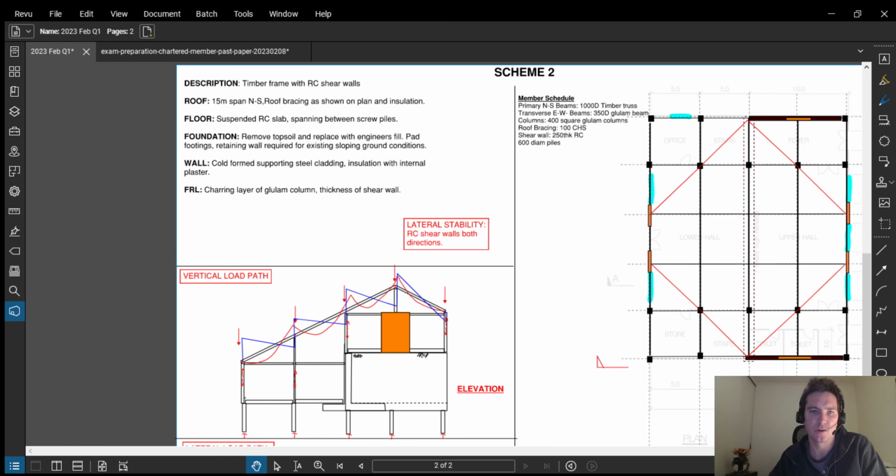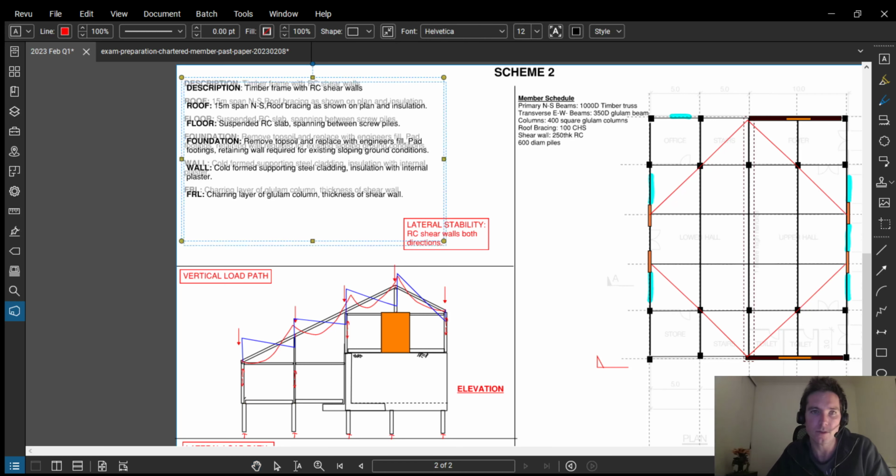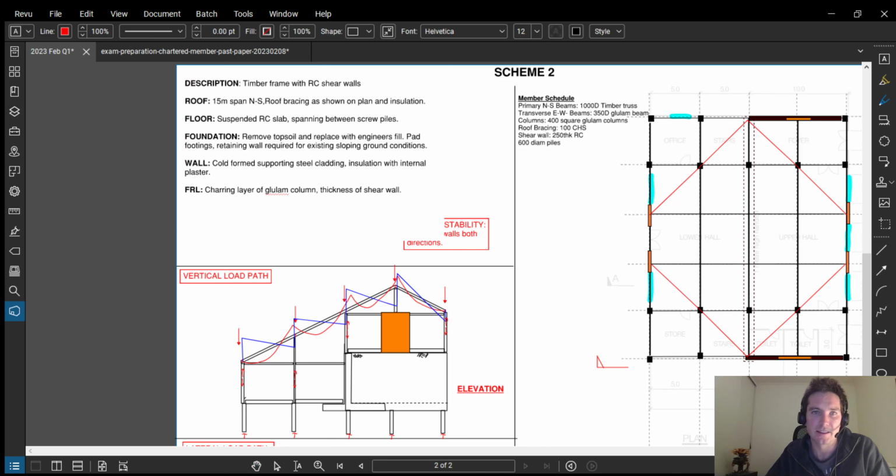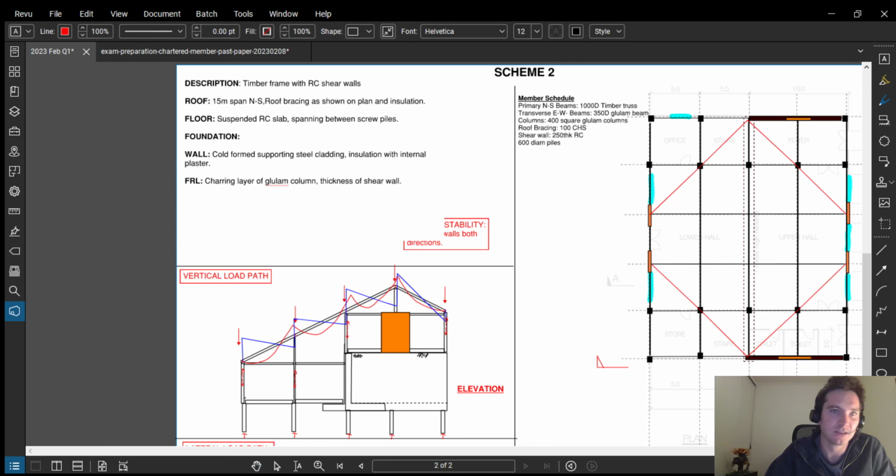When I bring in the piling rig and I get down 2 meters into the stiff clay, now my slab, essentially, I don't have to excavate and replace any of that. So that's a benefit of this scheme. Again, I haven't updated this, but that is what is going on here.